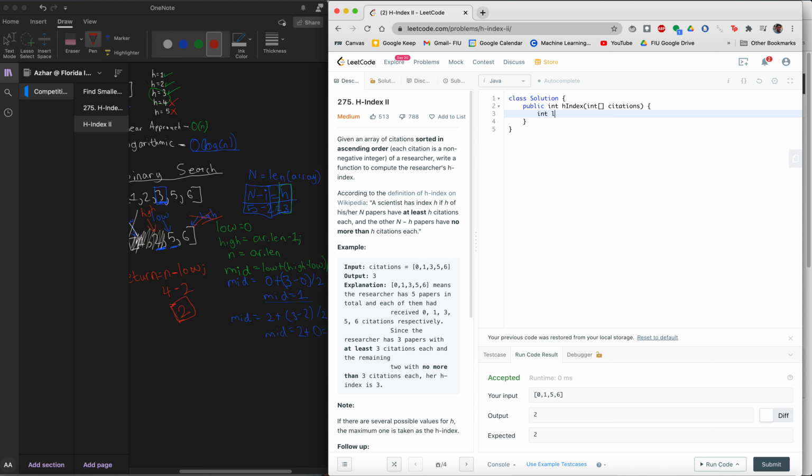So we're gonna have int low equals 0, int high equals citations length minus 1, and like I mentioned, we're gonna need an n to use because it'll just make our code a lot simpler. So then we're gonna have a while loop. Basically what we were doing could have been done in a while loop, because we'll keep iterating over and over while the low is less than or equal to high.